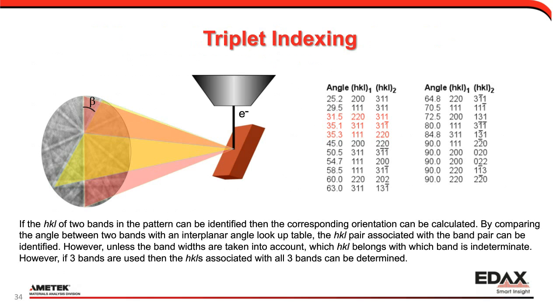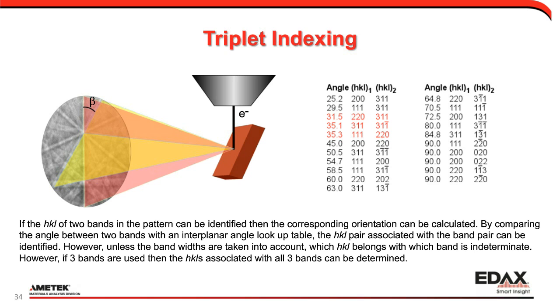So for triplet indexing, what that means is we're taking sets of 3 bands, so sets of 3 or triplets. And the reason is, if you imagine we look at 2 different planes, we can measure the angle between them and find a match. But what we don't know on this basic level is if I find 2 bands and it matches an angle, is the band on the left the 111 or is the band on the right the 111?